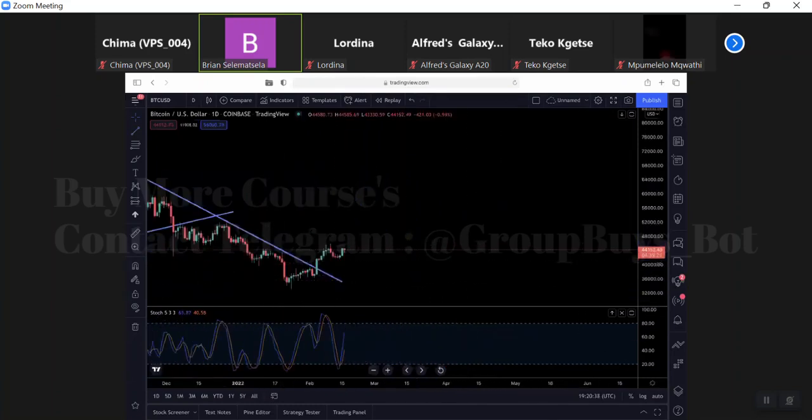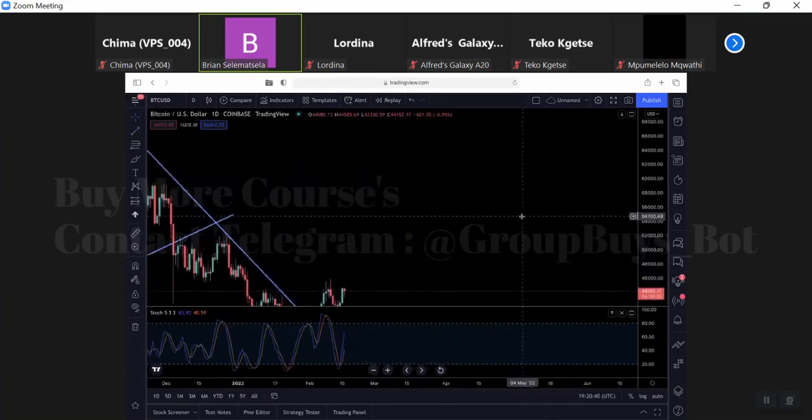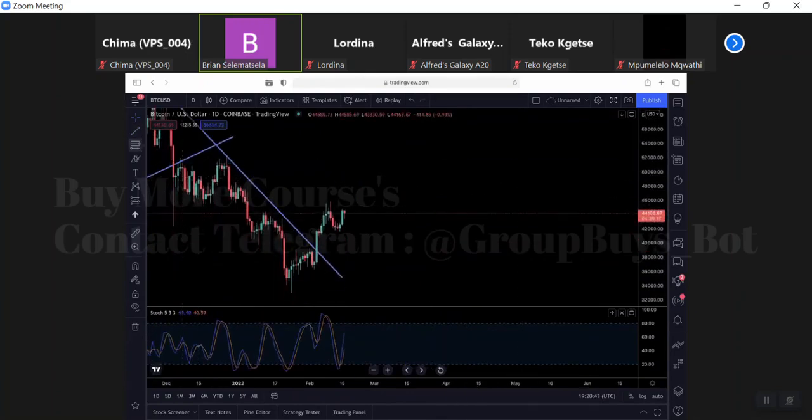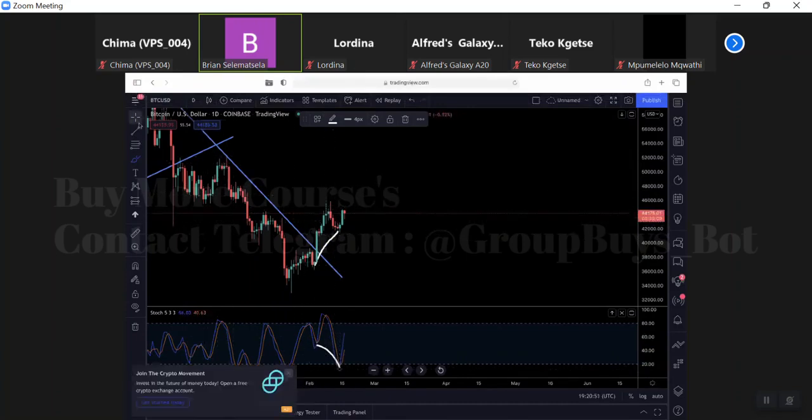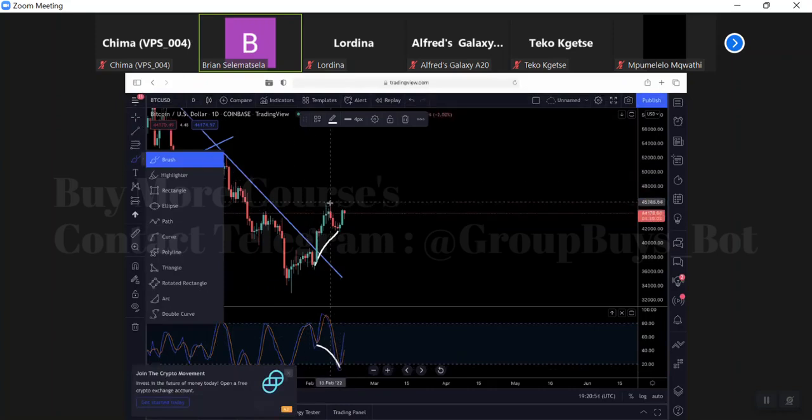So there was a very, very beautiful divergence that happened. The market has already moved up. So meaning, let's check when did this thing. And I'm sure that also here you can also try to find the footprint.